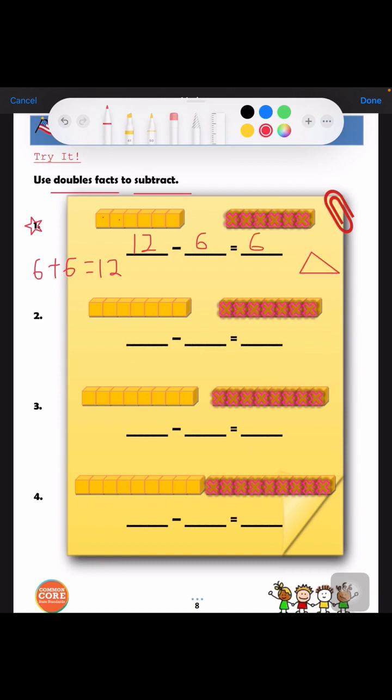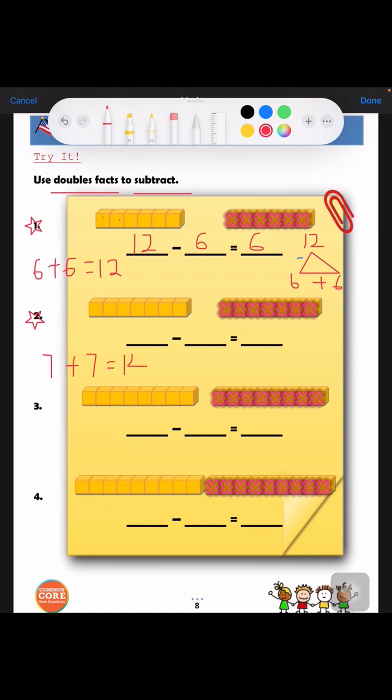So we draw the fact family. We know that 6 plus 6 equals 12. Then 12 minus 6 equals 6. And then next question, there are 1, 2, 3, 4, 5, 6, 7. 7 blocks plus 7 blocks.